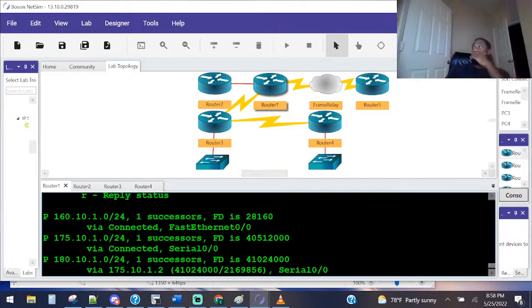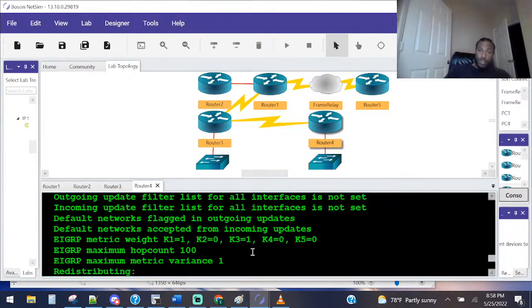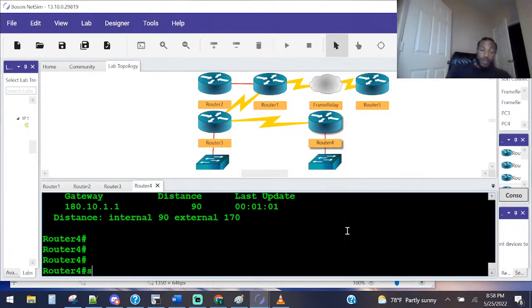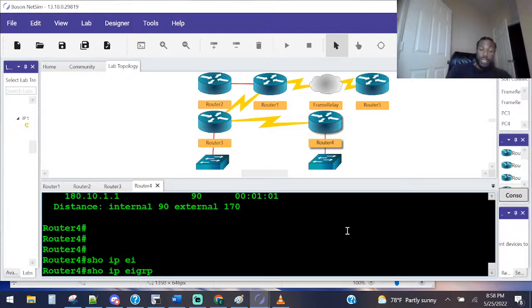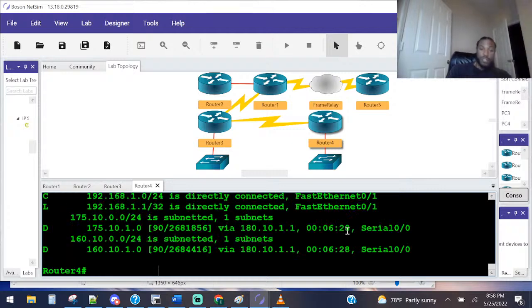What else do they want us to do here? We looked at the topology database. On router 4, display the routing table. What is the administrative distance for EIGRP? Well, we know by default it's 90, right? So let's go to router 4. They said look at the routing table, show IP route.